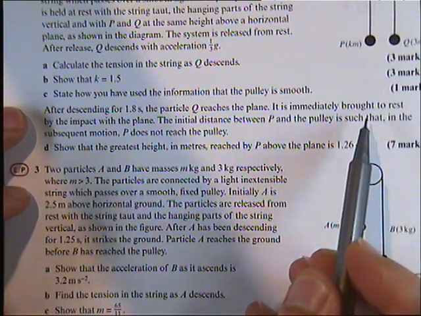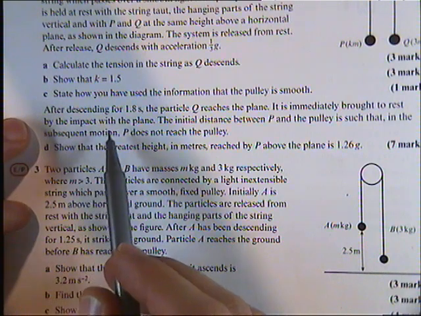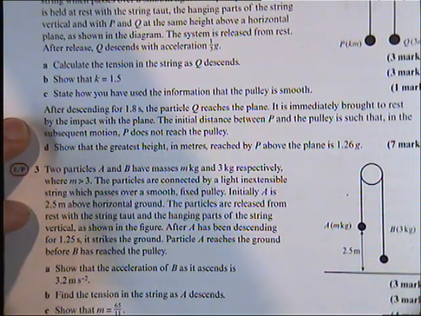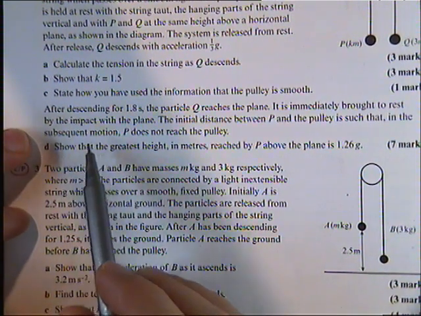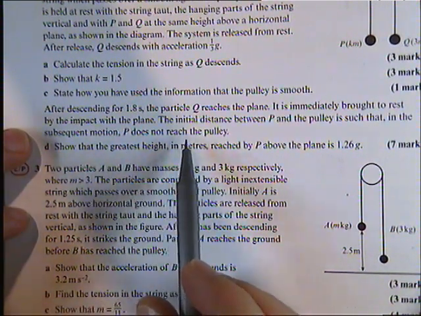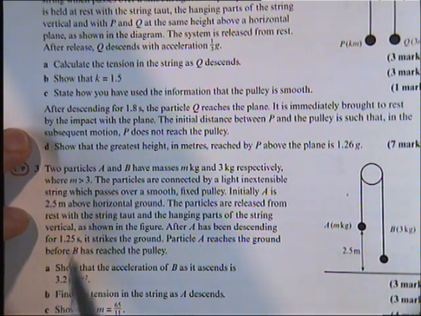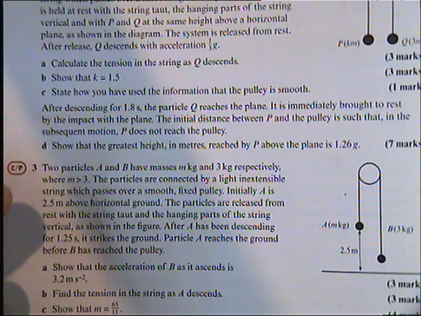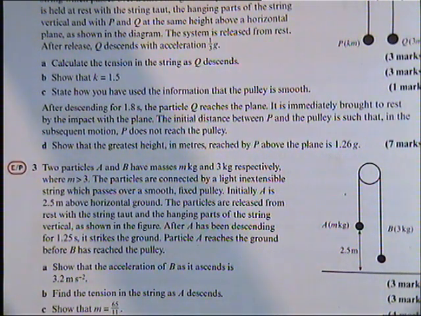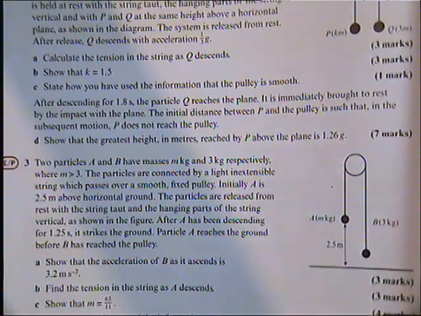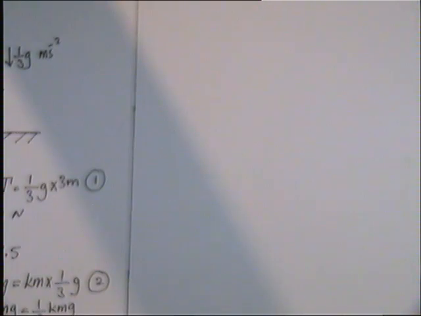It is immediately brought to rest by the impact with the plane. The initial distance between P and the pulley is such that in the subsequent motion, P does not reach the pulley. Show that the greatest height in meters reached by P above the plane is 1.26 g meters.